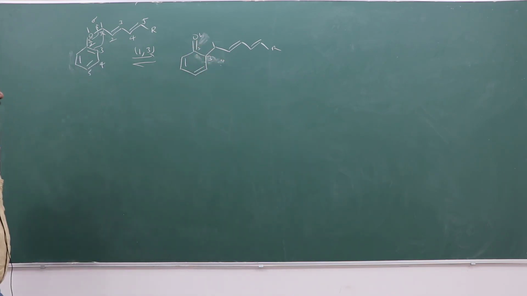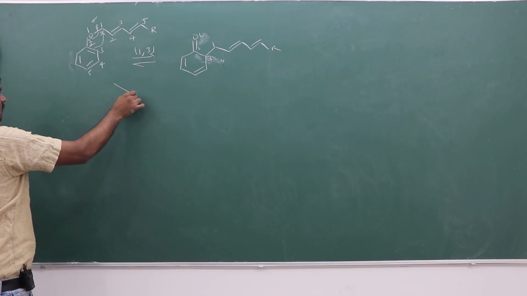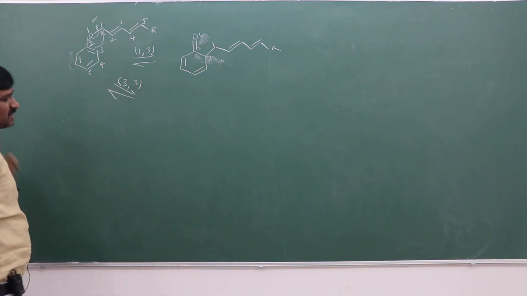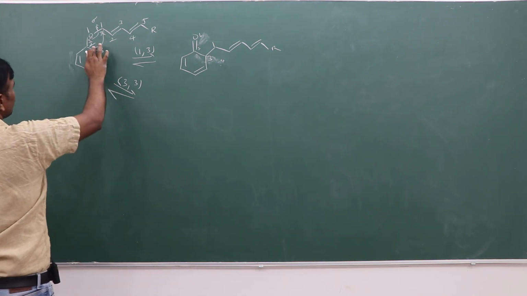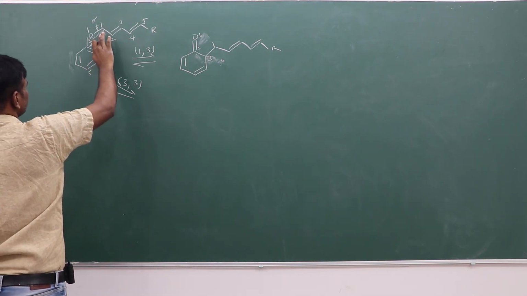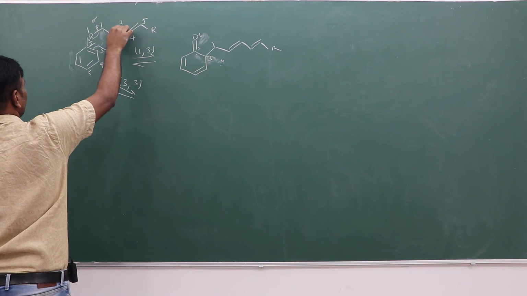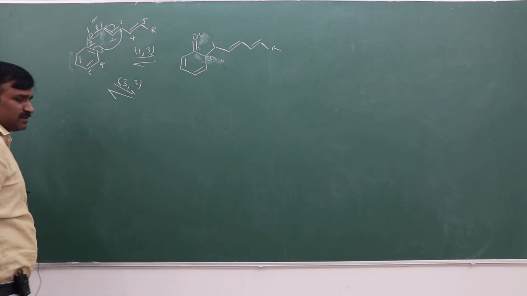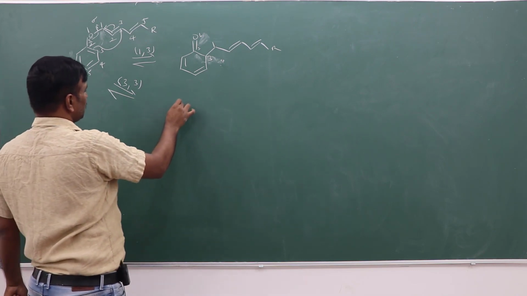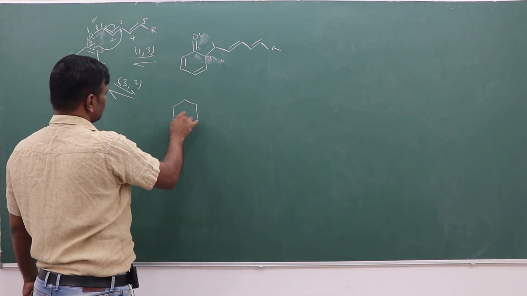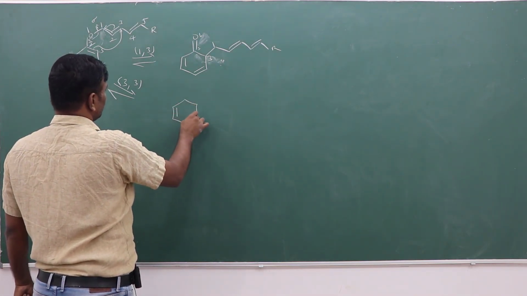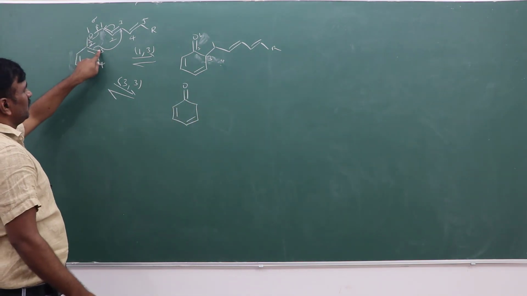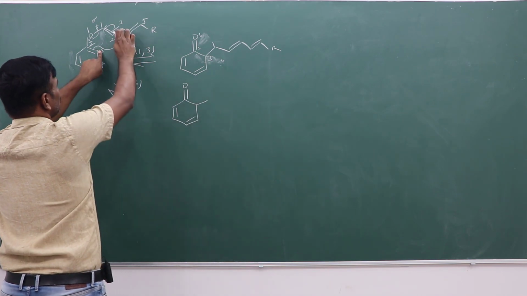If 3-3 shift takes place, suppose 3-3 shift, it means like this. These two are not changed. So what will happen? The 3-3 shift takes place. Here it is double bond O, and it is going to be attached to the third position.